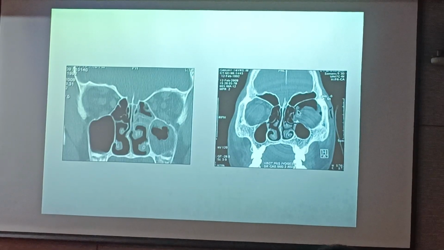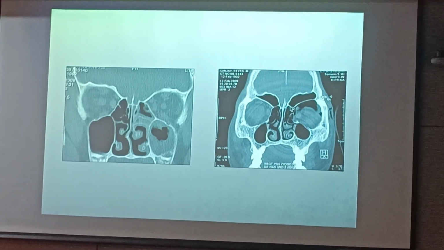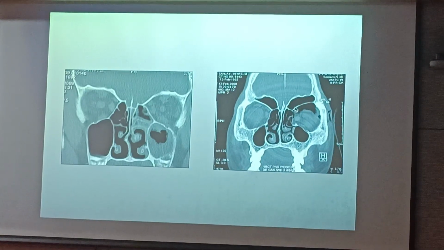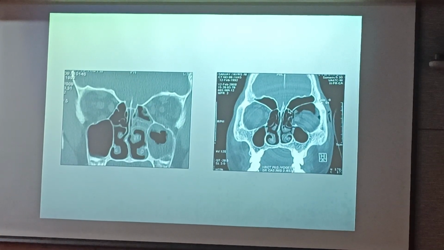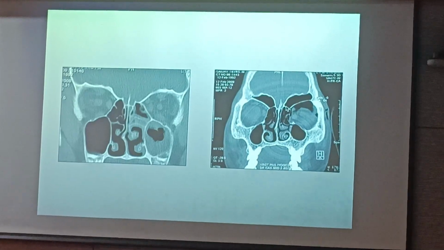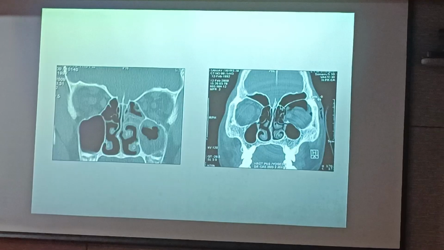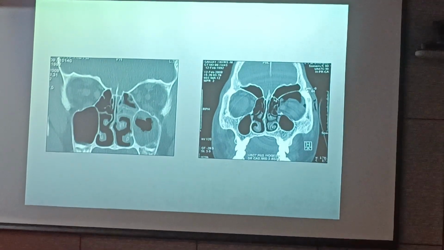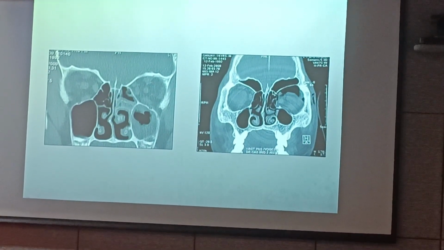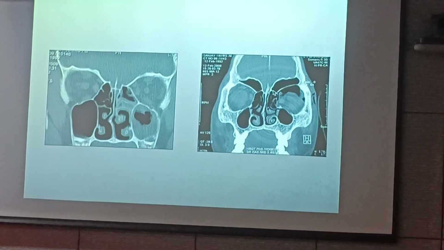So therefore the artery lies at the same place, but the supraorbital cell exposes it. Therefore, the important thing to remember is that when you see an exposed anterior ethmoidal artery, there will always be a supraorbital cell. You can't have an exposed anterior ethmoidal artery without a supraorbital cell.